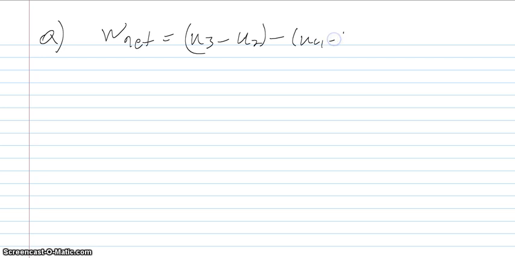Now that we have all the Us, work net equals U3 minus U2 minus U4 minus U1, because it's a closed volume. Right?